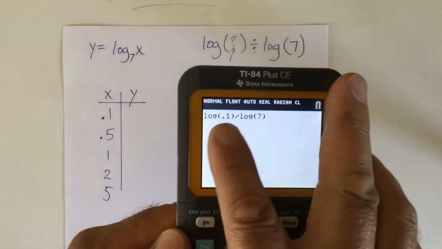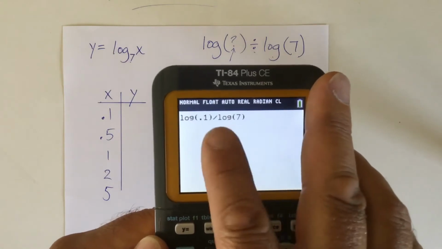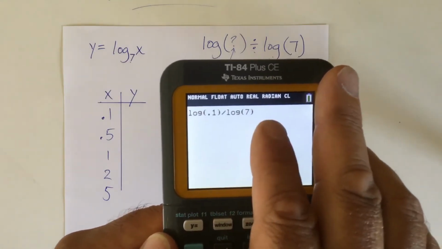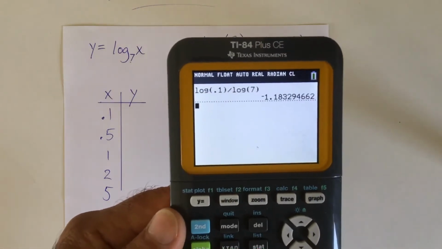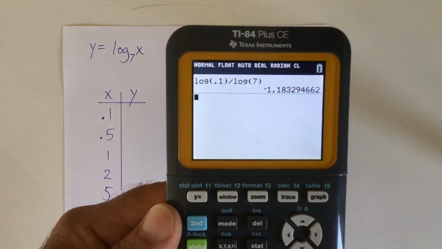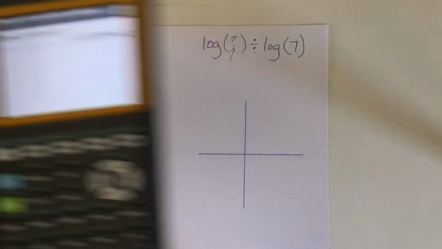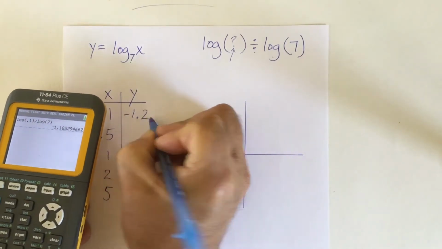I want to know what the log of 0.1 is, but to convince my calculator that it's in base 7 and no longer base 10, I divide by log of 7. I'll get an answer, and I will round that off to the nearest tenth. So I'm going to get negative 1.2, and I'm going to write that down, negative 1.2.